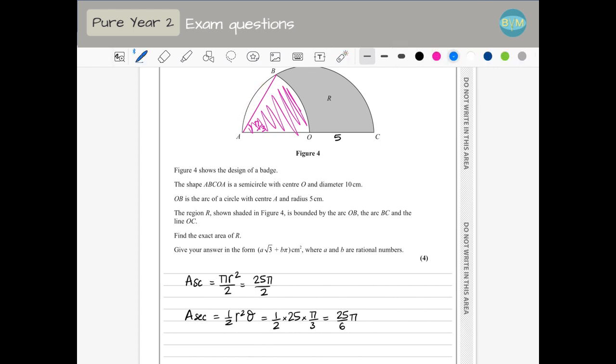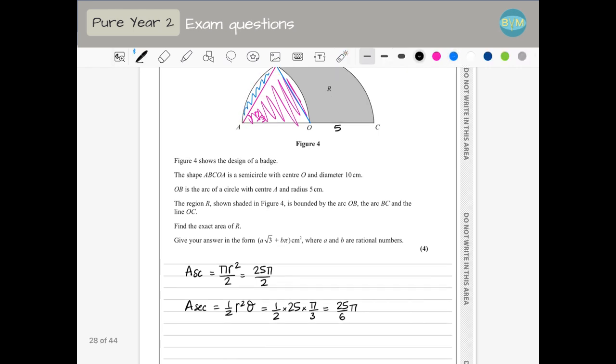This segment, we can consider that it is from this circle. So if you look at this arc of the sector of the circle, the area of the segment is going to be the area of the sector, which is exactly the same as this one because the radius is the same and the angle is the same, minus the area of the triangle.